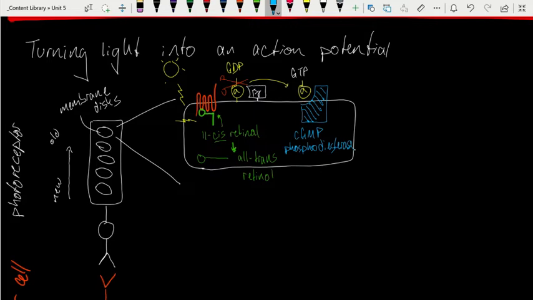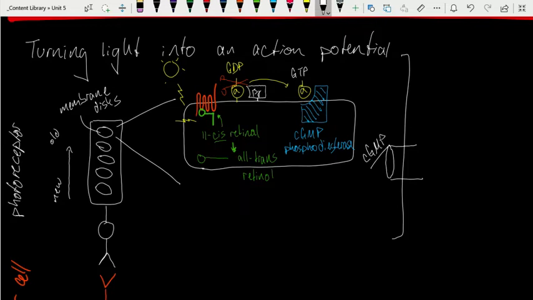Okay, to understand how this allows us to see something, we have to try and understand what's going on in the cell in the absence of light. So let's consider what's going on in the dark. Okay? In the dark, here's the outside of the cell, and we have a channel that's actually being held open by cyclic GMP. It's the same as cyclic AMP, only it's guanine instead of adenosine.